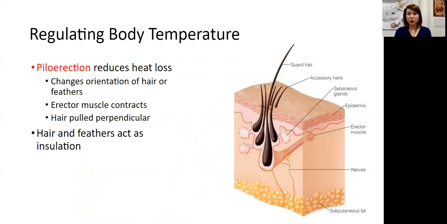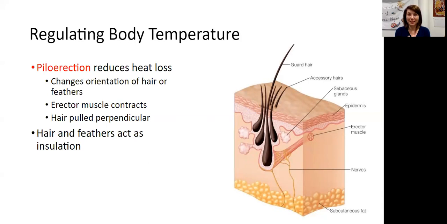So when it comes to reducing heat loss, our birds have feathers, our mammals have hair, and both of these can play a role with the addition of piloerection. This is where you actually have changes in the orientation of these keratin structures, and you have little muscles that are going to allow them to stand up a little straighter.